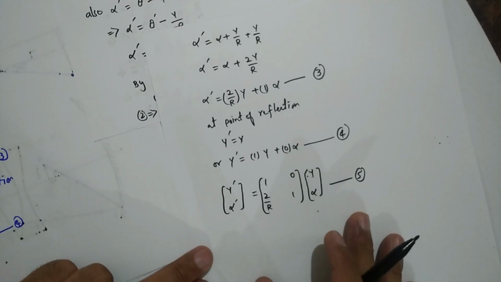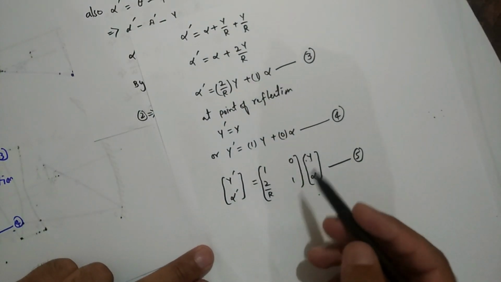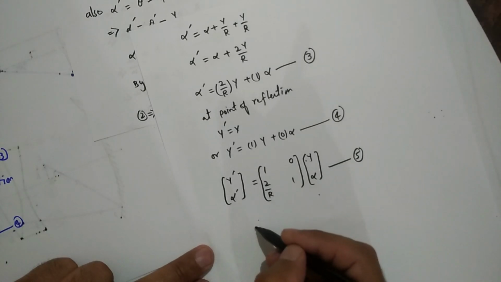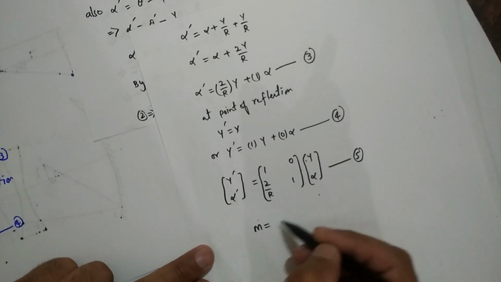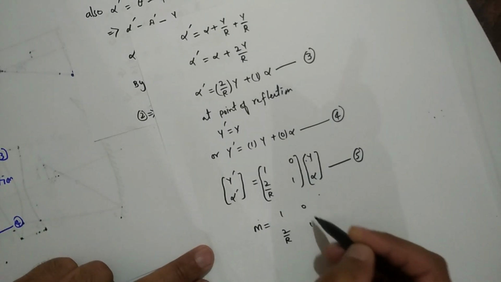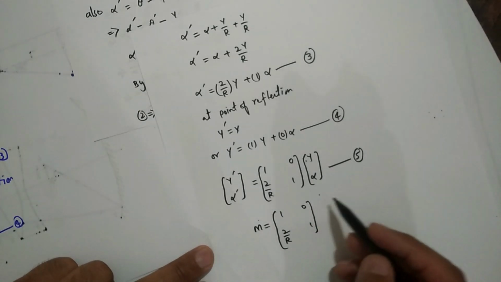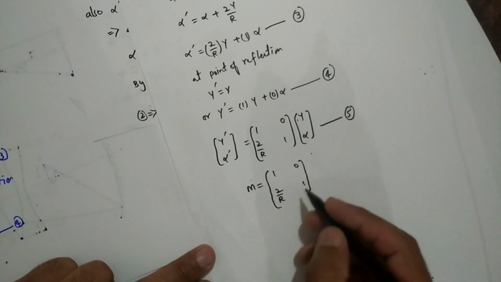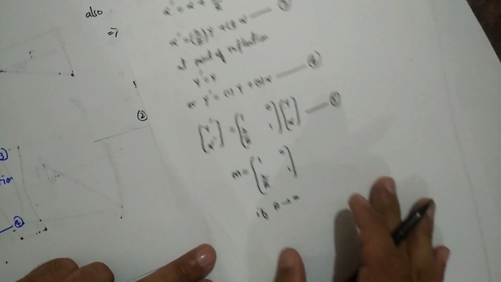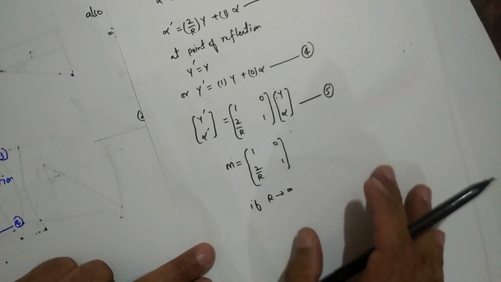So this is our final equation, and this matrix is called the matrix for reflection, and we usually represent this matrix by M. So M is equal to 1 0, 2 upon r 1. And if r goes to infinity, in that case the mirror will be a plane mirror.